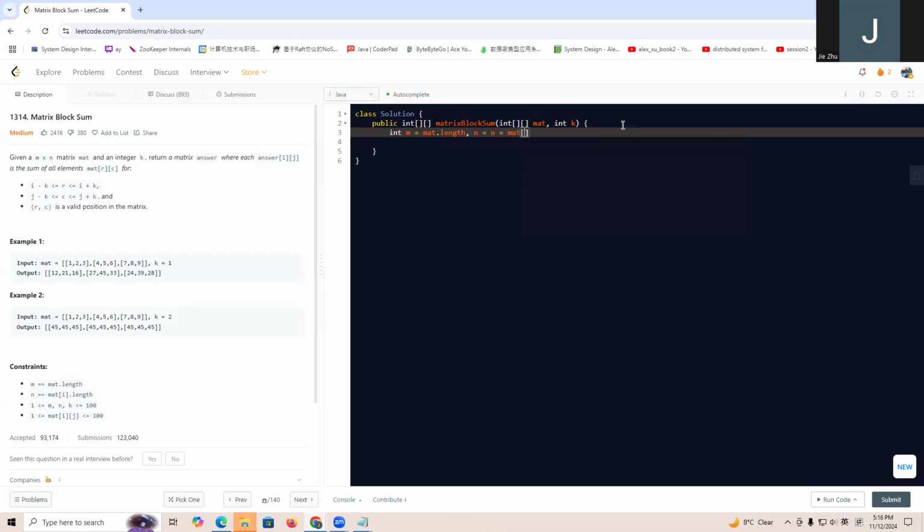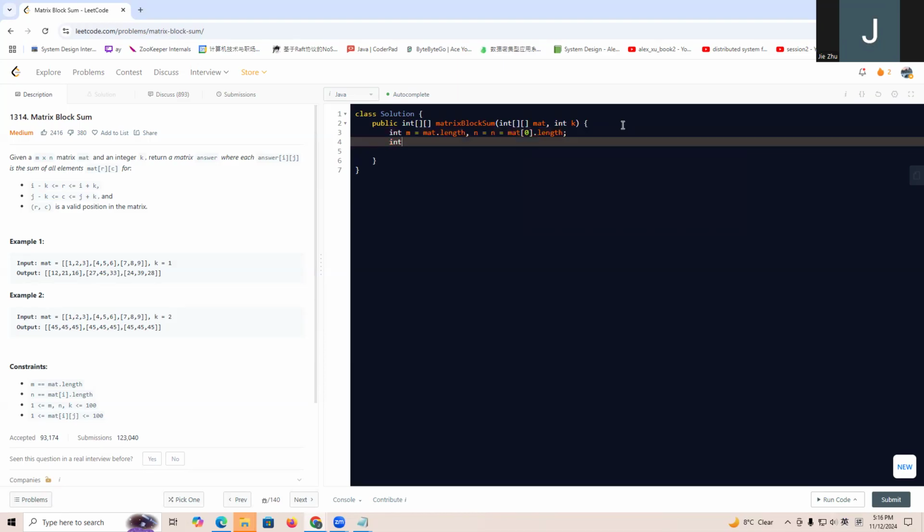The length of mat and mat[0].length. For the prefix sum, no matter whether it is one dimension or two dimensions, we need one more index.